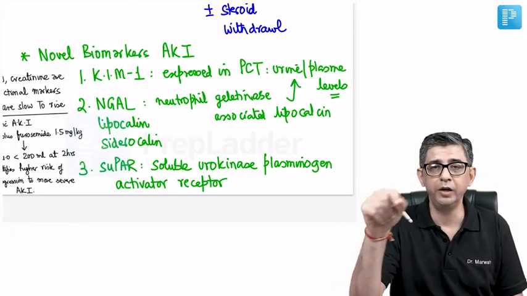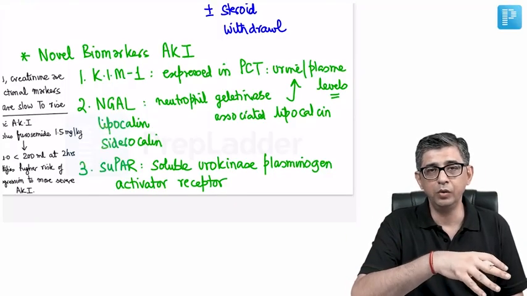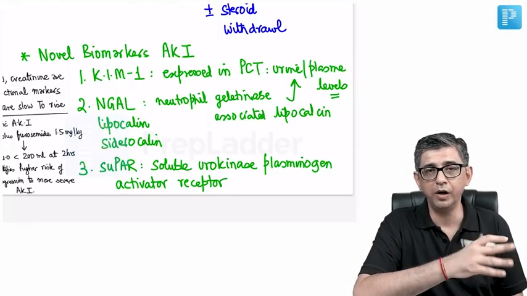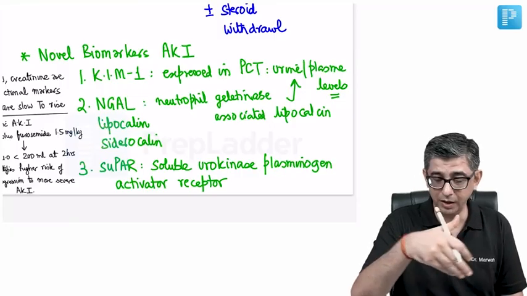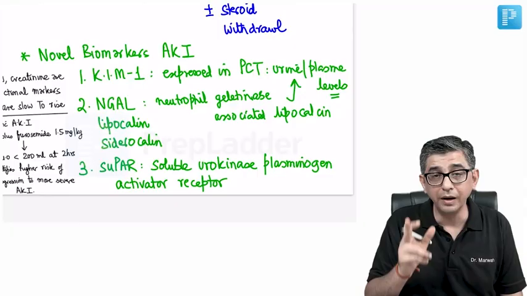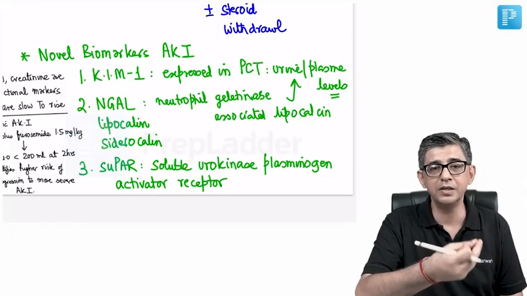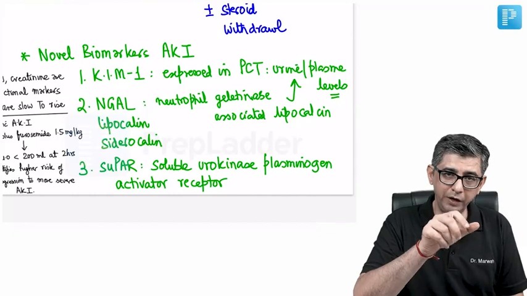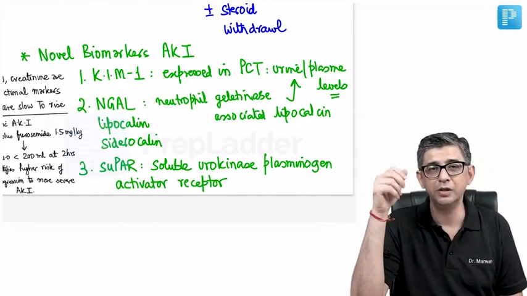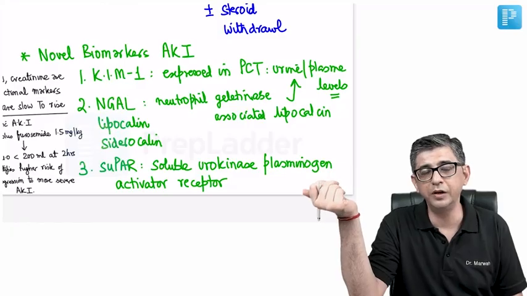That is, we will have to write urinary NGAL levels, and they are superior as compared to a plain routine KFT talking about blood urea nitrogen, urea creatinine. These are much more, I would say, reliable in early diagnosis, because after all the objective is to diagnose a case early. Lots of time you might read a short form written in MCQs. Instead of writing NGAL, he might just write the word lipocalin, or he might write the word siderocalin.